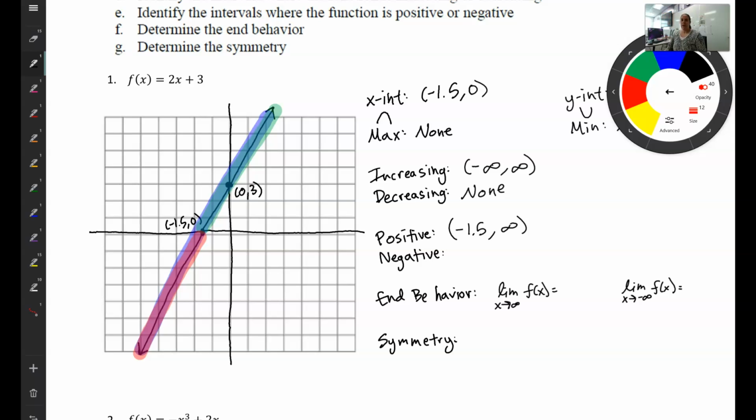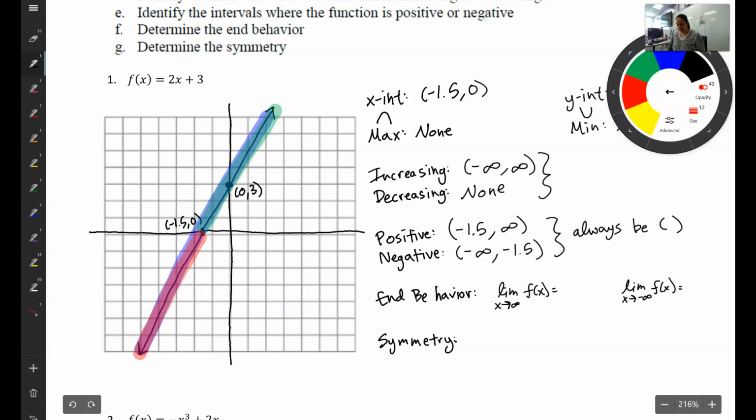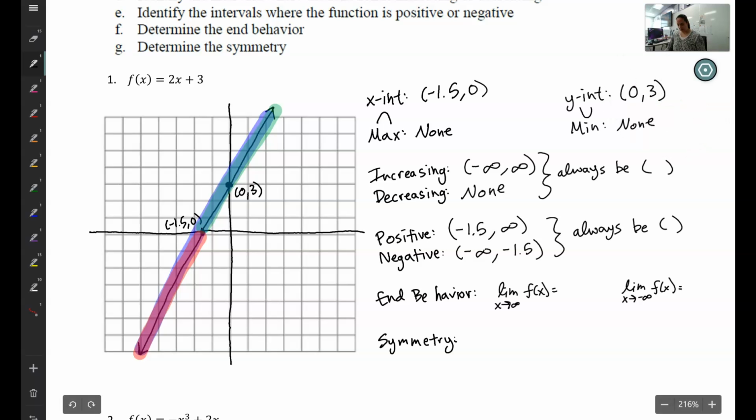It's neutral. So that's why we want to go up to negative 1.5, but I don't want to include it. For the negative, it would be from negative infinity up to negative 1.5. So make a note, these will always be parentheses. And in fact, increasing and decreasing are the same. So there's those.